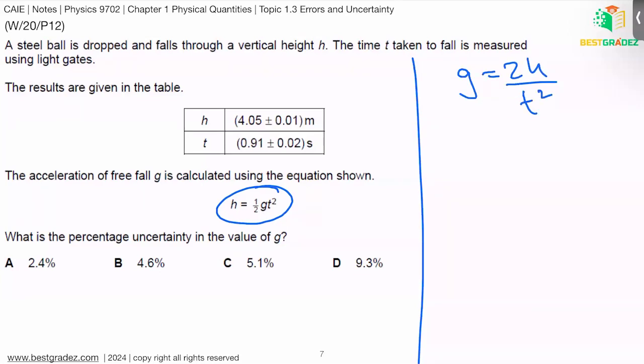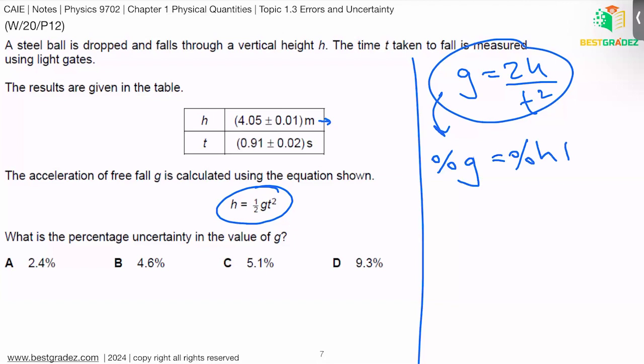If you want to find percentages, yes, you divide and multiply by 100. Percentage h, because it's a multiplication division formula. So all the variables will be added. So 2 times percentage t because of this square. This 2 has no role.